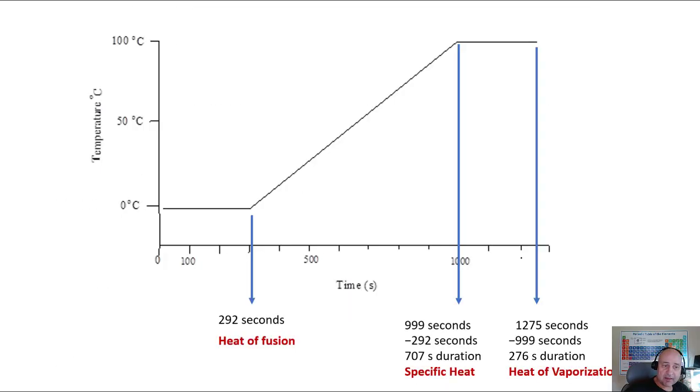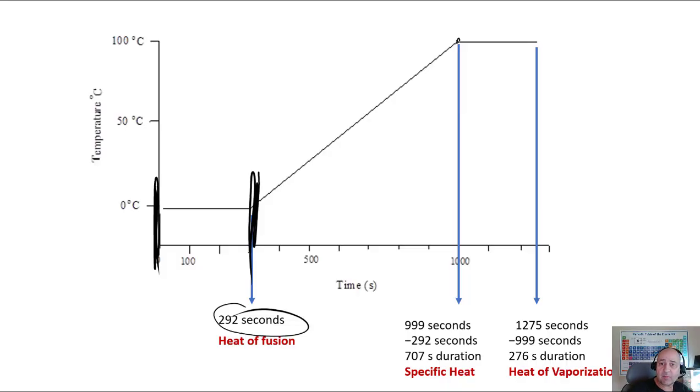So for the first part then, we're looking at this part here. I would suggest that you write the time down when you see that all of the ice melted, because it might not be as easy as it looks here, right?